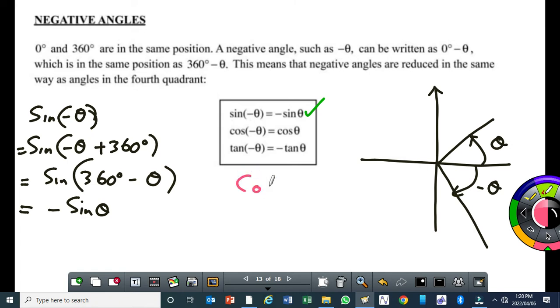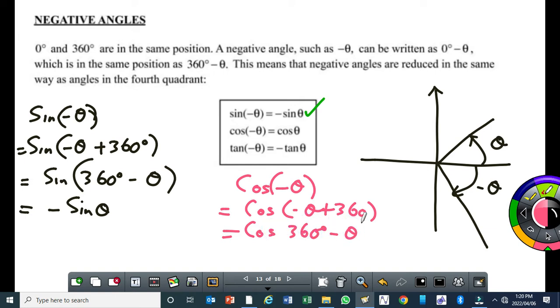So, if I take you back to the basics, the cosine of minus theta is the same as the cosine of that angle plus 360, which is the cosine of 360 degrees minus theta, and this is the same as cosine of theta. Be very careful of that one, because you can make the mistake of saying cos minus theta is equal to minus cos theta when it's not correct.